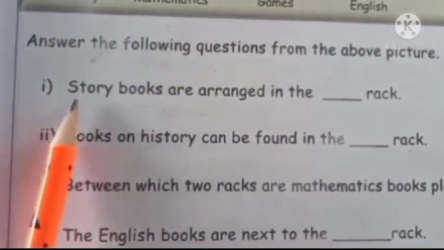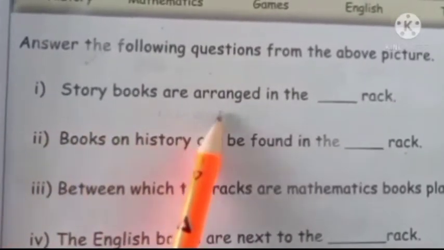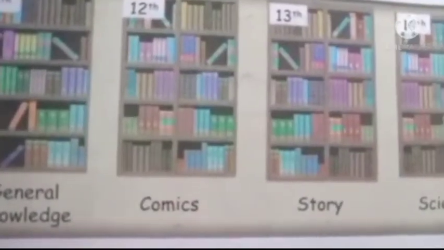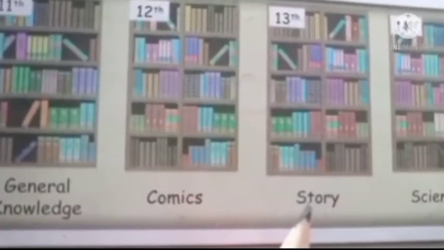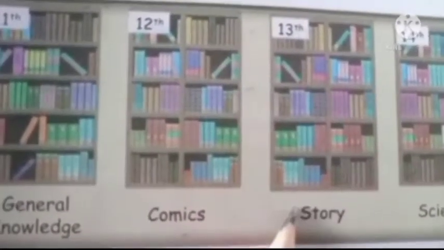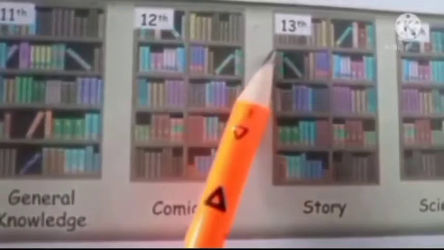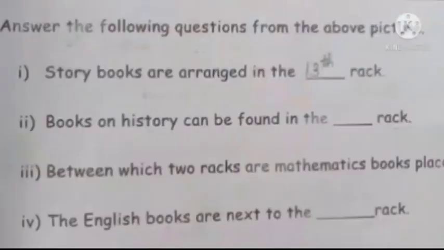First one, story books are arranged in the dash rack. Children, here story books are arranged in the 13th rack. The answer is story books are arranged in the 13th rack.